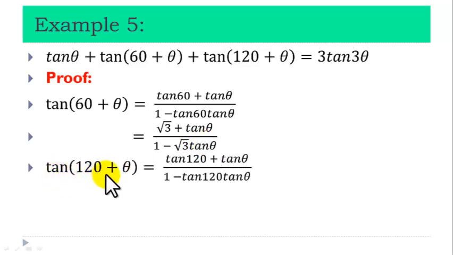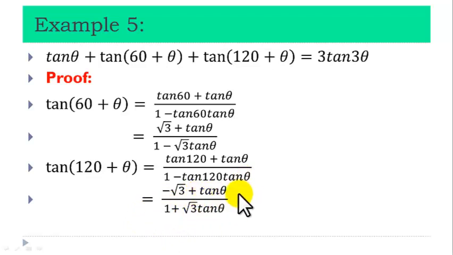Now, tan(120° + θ) is equal to (tan 120° + tanθ) over (1 − tan 120° tanθ). And this will give us (−√3 + tanθ) over (1 + √3 tanθ). Please note, tan is negative in the second quadrant, and tan 120° is equal to minus tan 60°.